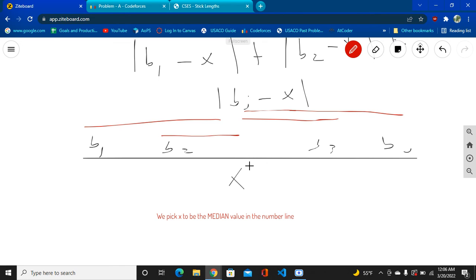Let's claim that it's optimal to move x to the left. So x is here, and let's say it's optimal to move x to the left by k. So this place is x minus k.